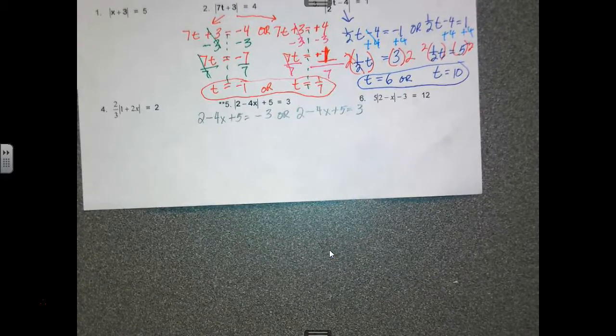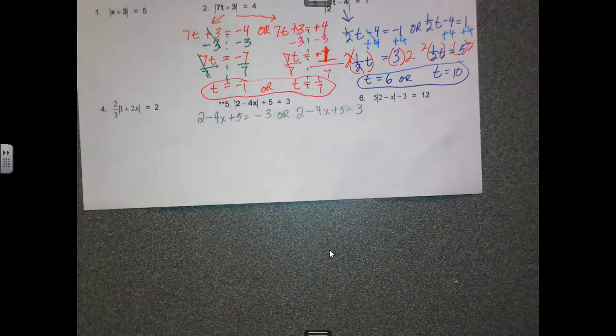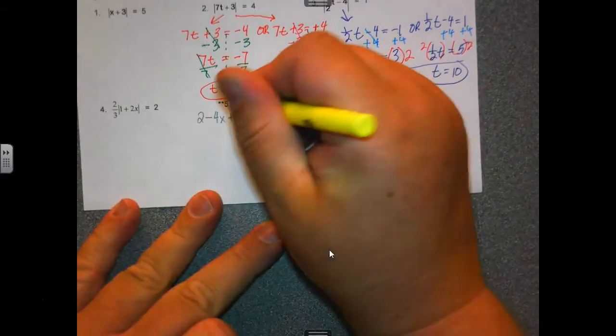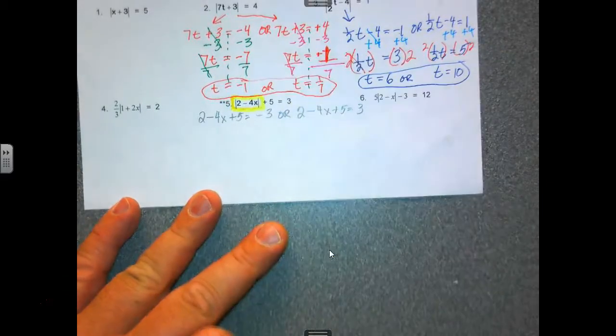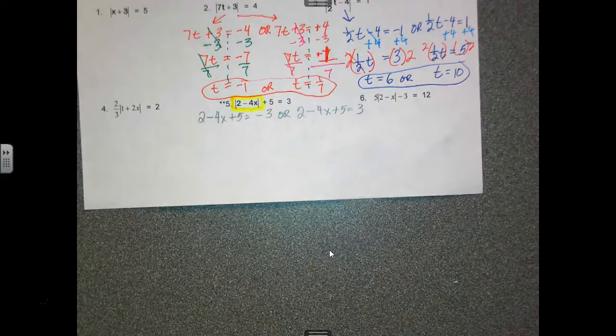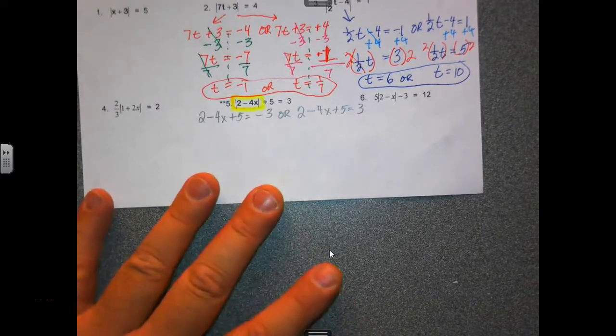Okay. Before you split them up, you have to isolate this absolute value first. You have to isolate that first. So the first thing you can do before you split it up is subtract 5 from both sides.